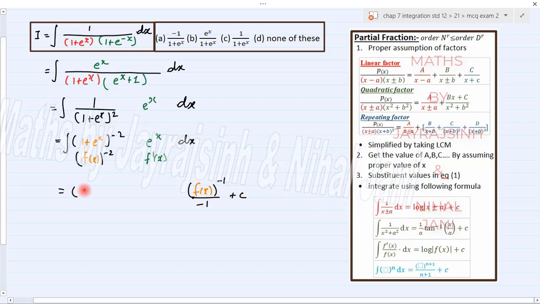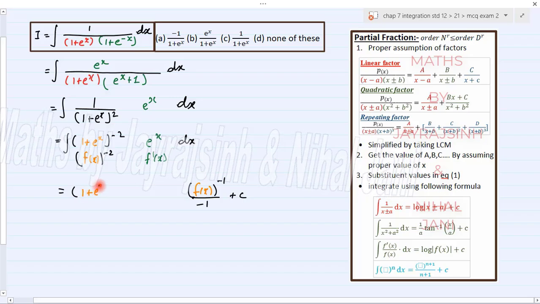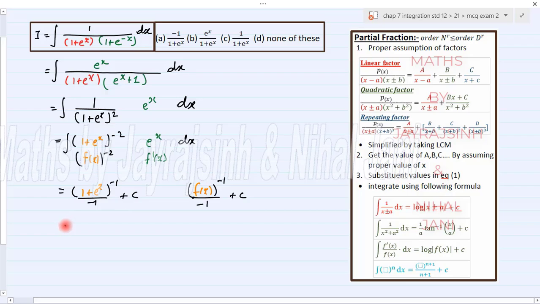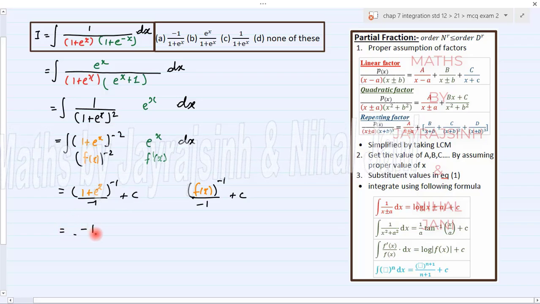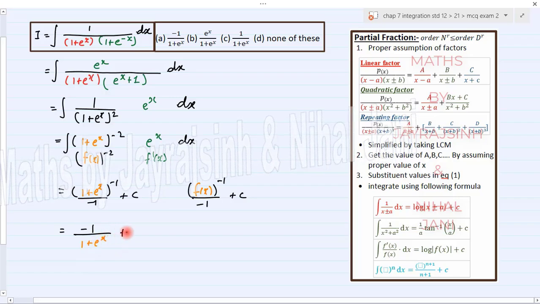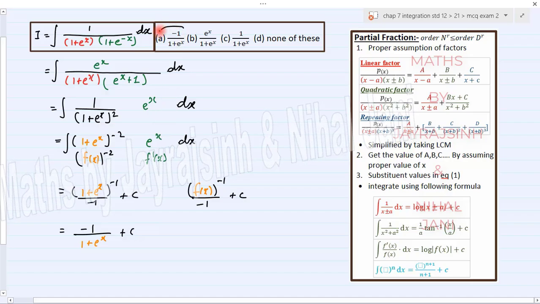So here we'll get (1 plus e raised to x) whole raised to minus 1 upon minus 1 plus c, which can be simplified as minus 1 upon 1 plus e raised to x plus c, which is your final answer given in option A. Ta-da!